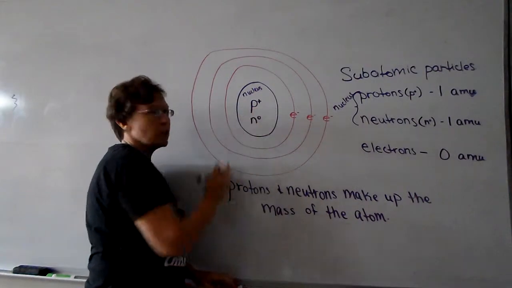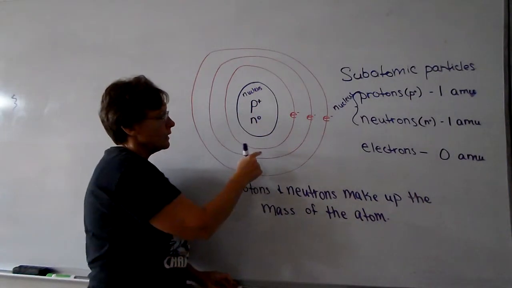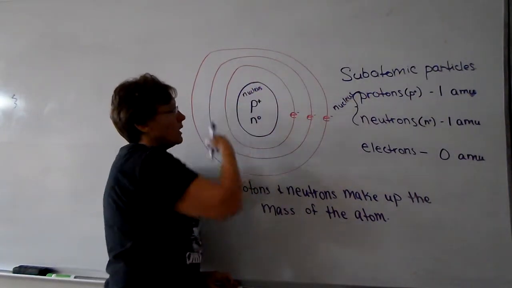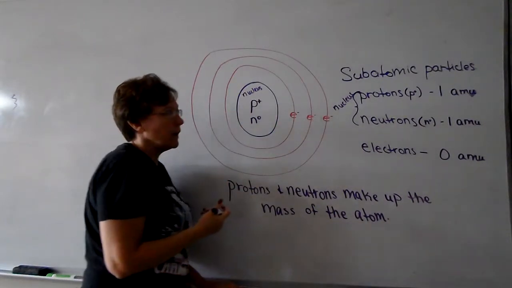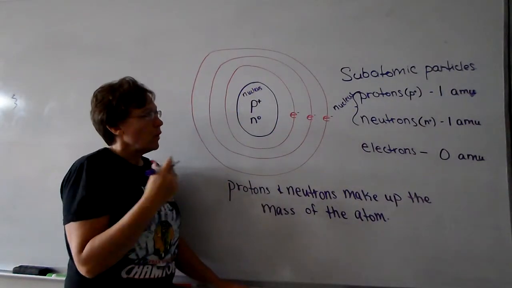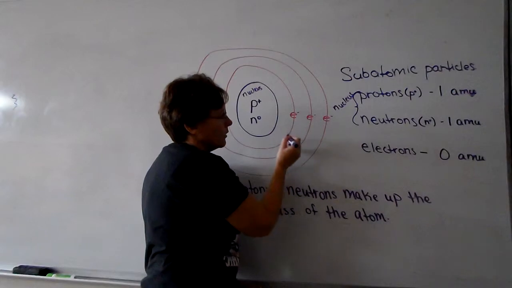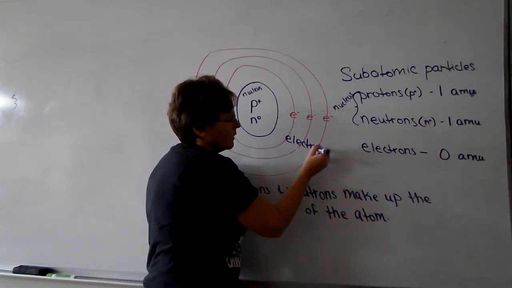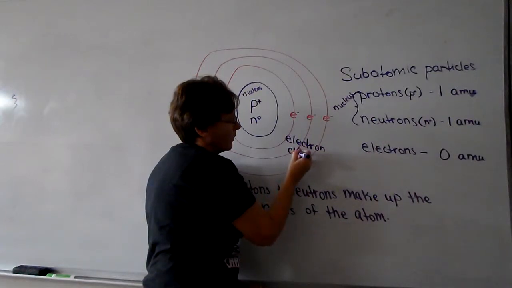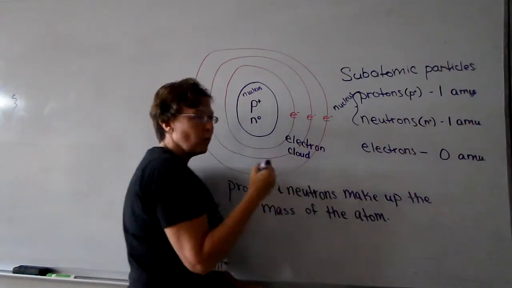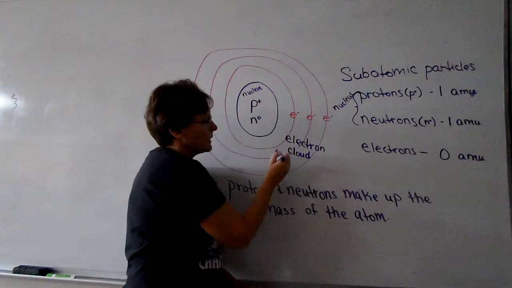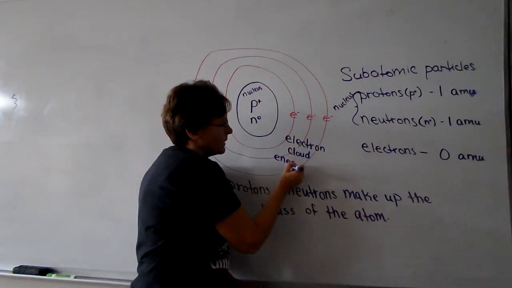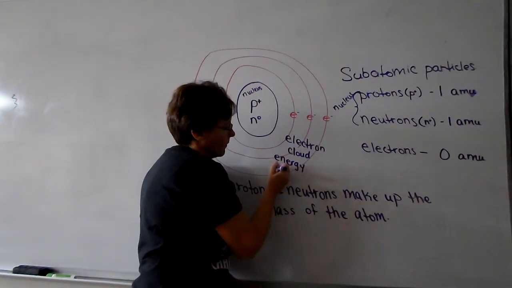The protons and neutrons are inside the nucleus. The electrons, and notice I've got them in rings outside of the nucleus. We call this area outside of the nucleus, all of these rings, the electron cloud. And we can specify these as energy levels.